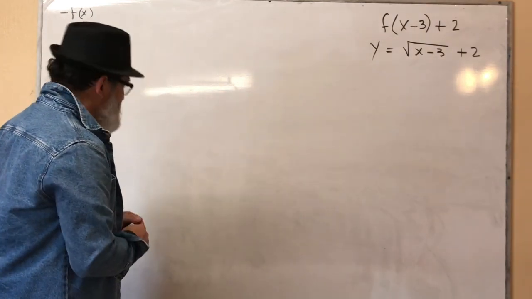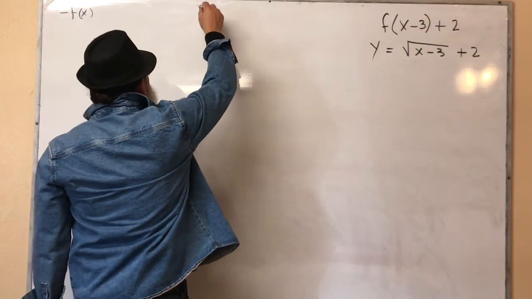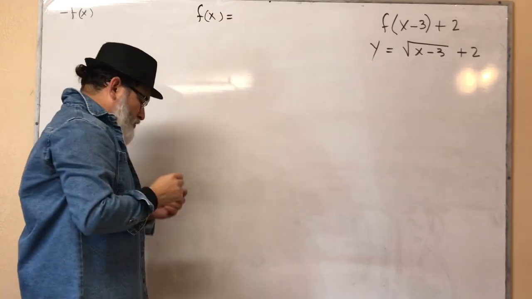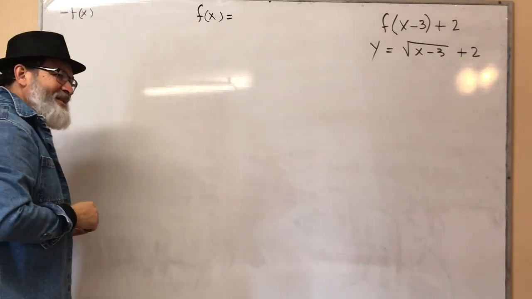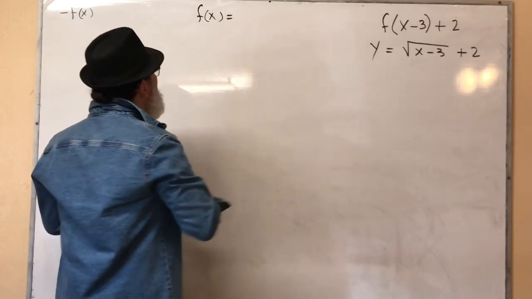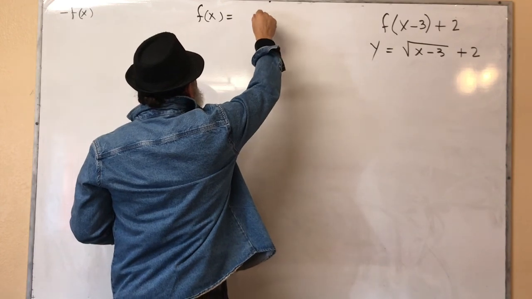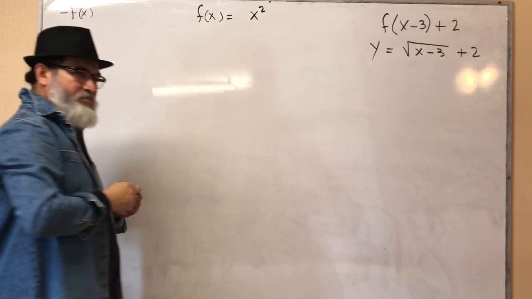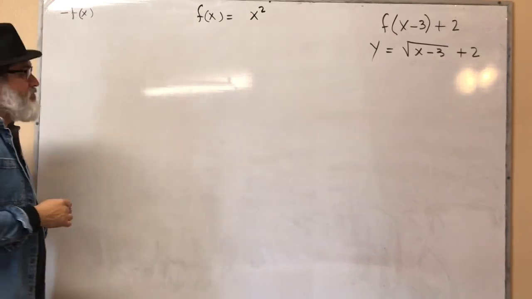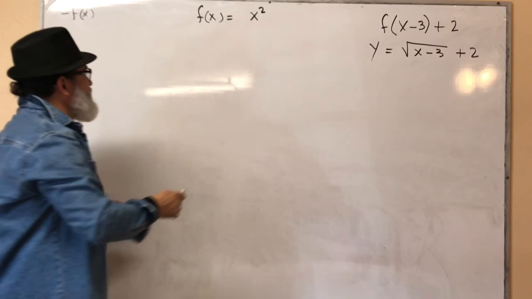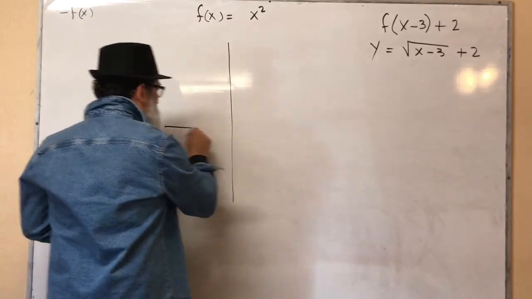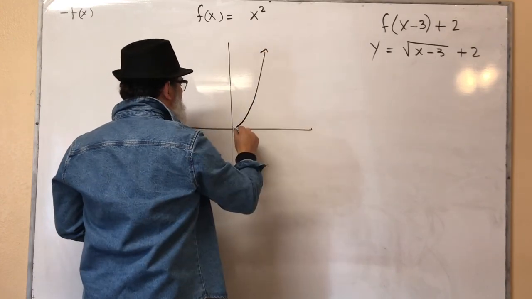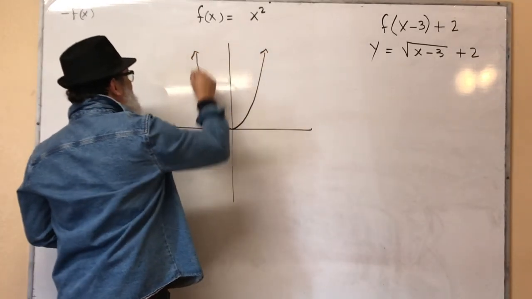For example, if you have f of x equals x squared, we know what this is. This is the basic parabola. That's x squared.